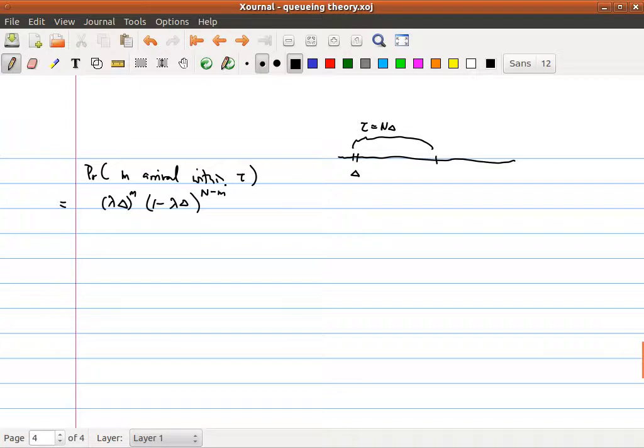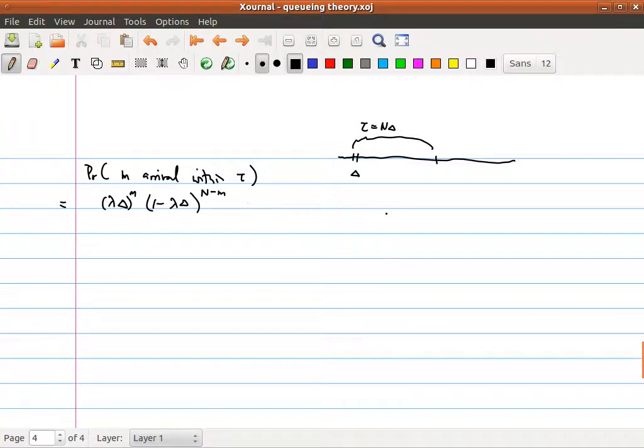And then there will be many combinations that have m arrivals and n minus m no arrivals, because I can have the first m of them have arrivals, or I can have the first one have no arrival and the next m of them have arrivals.